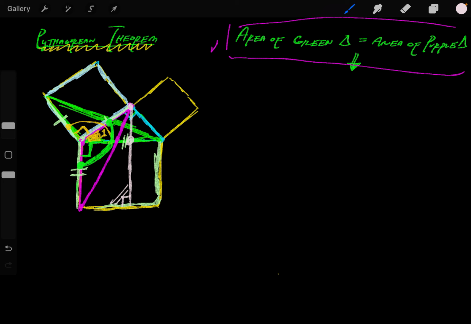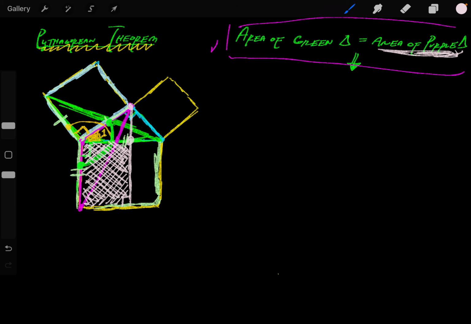I'm going to shade that rectangle, just so I don't get too confused about what's happening here. So look at this rectangle that I just shaded. And I'll cross shade it. What I'm going to show is that the area of that rectangle is twice the area of the purple triangle. Okay, so that's what we need to now convince ourselves.